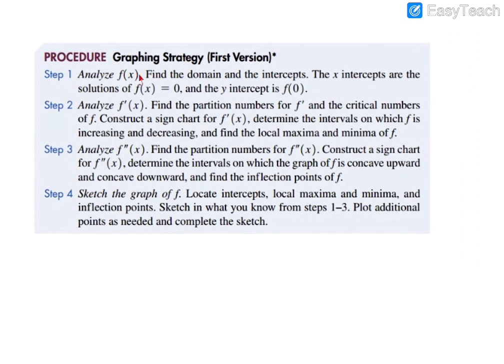Then, by using the information collected from the first three steps, you can sketch the graph of the function f of x. In future topics, we will discuss asymptotes for the function.